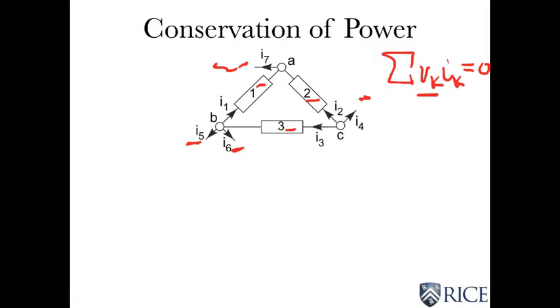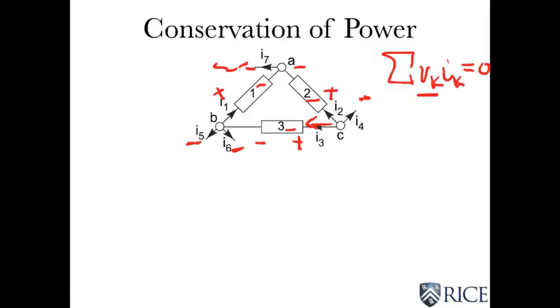So I3 is going that way, so I'm going to define V3 to be that, so that I get a consistent answer that goes according to the rules by which we define VI relations. So voltage across here goes like that, and the voltage across there is going to be like that.